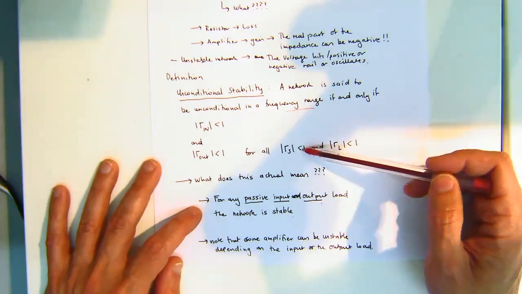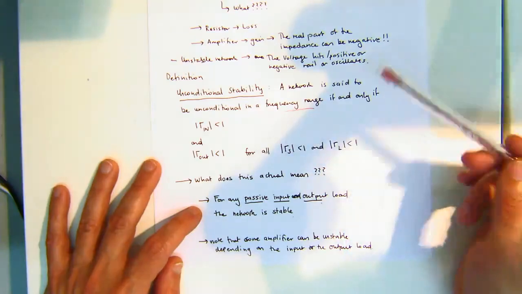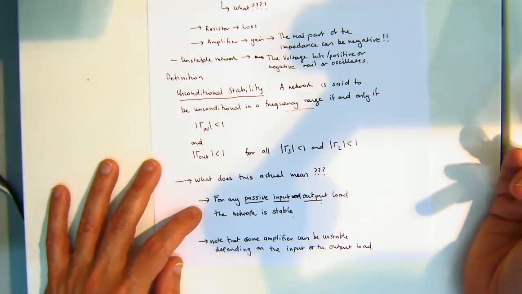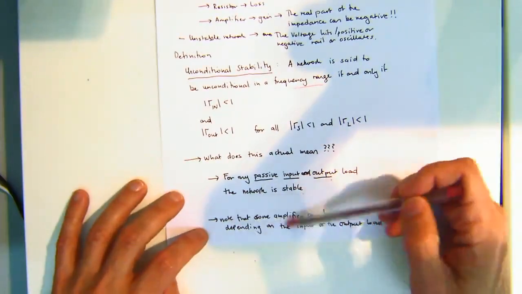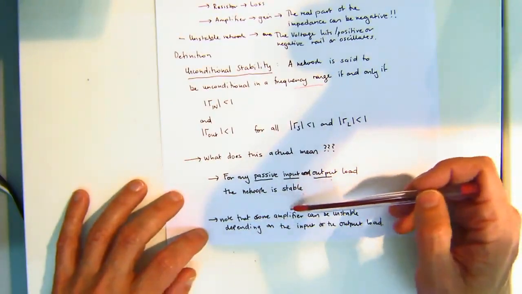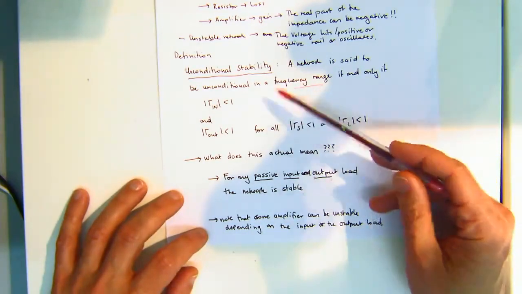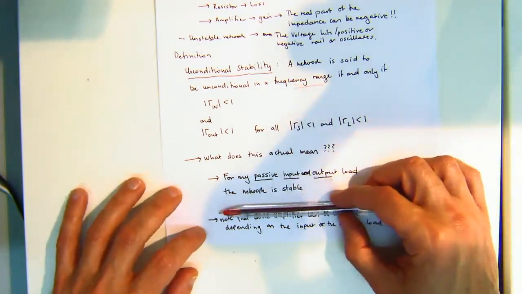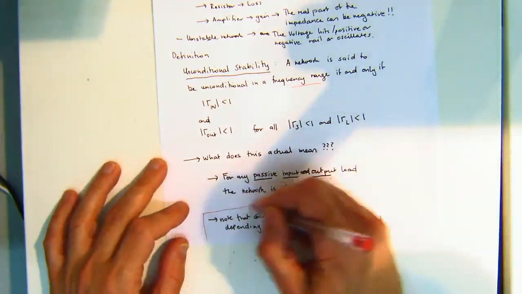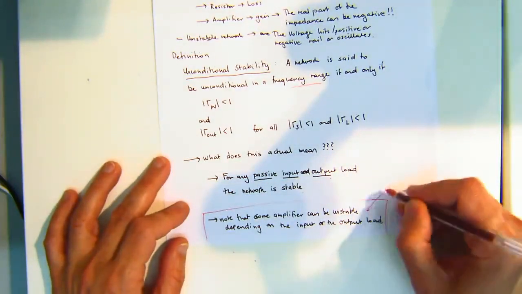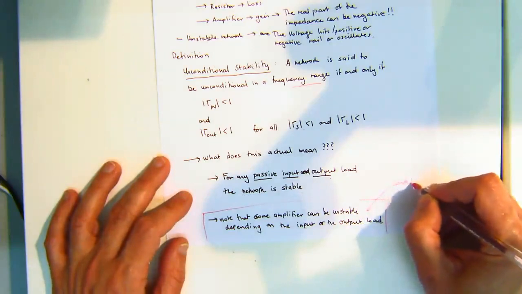Because if you had gain, gamma S can definitely be larger than 1, right? And again, re-emphasizing that this doesn't apply to unconditional stability, but at least for conditional stability, this is something that is critically important.